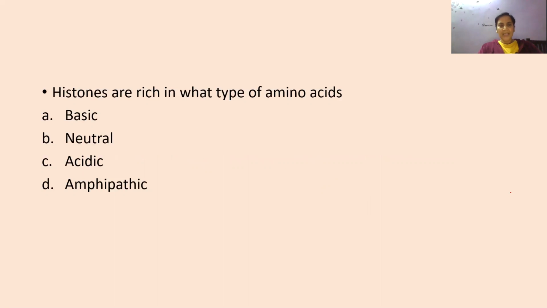Question number 1. Histones are rich in what type of amino acids? Now, first of all, you should have a brief knowledge of what you mean by histones. Basically, these histones are the basic proteins which wrap themselves, or you can say which take DNA as a wrapping one.